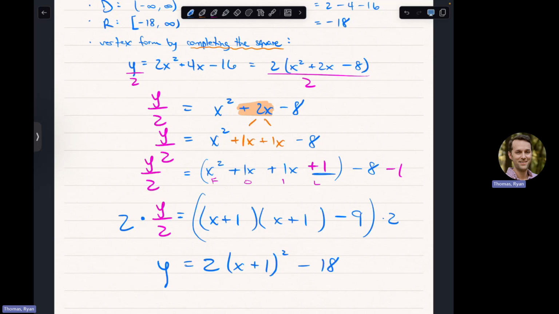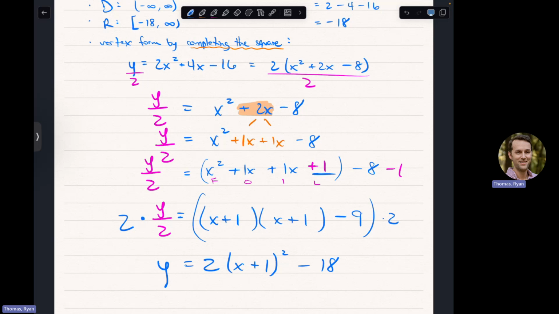Now, if you don't want to do that y over 2 thing, you can just factor the 2 out and hang on to it. Again, break this up so it's x squared plus 1x plus 1x.